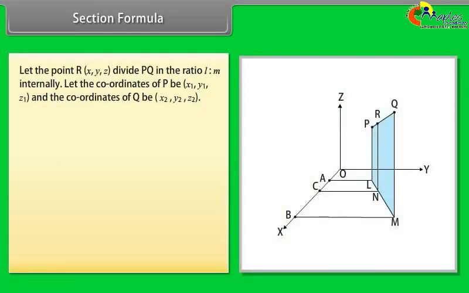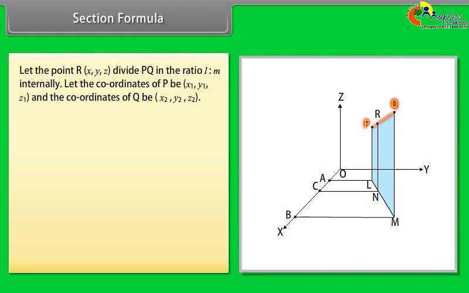Section formula. Let the point R (x, y, z) divide PQ in the ratio l:m internally. Let the coordinates of P be (x1, y1, z1) and the coordinates of Q be (x2, y2, z2).